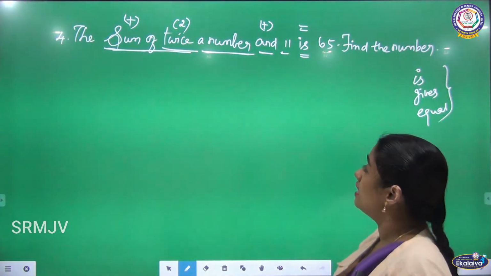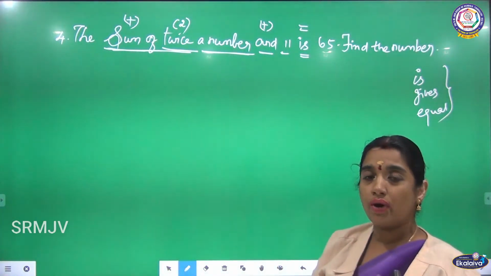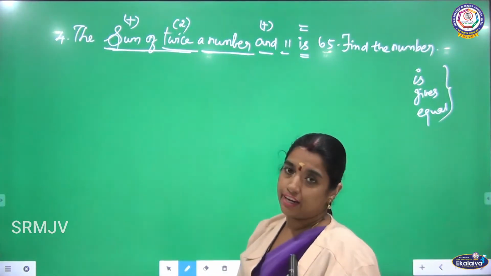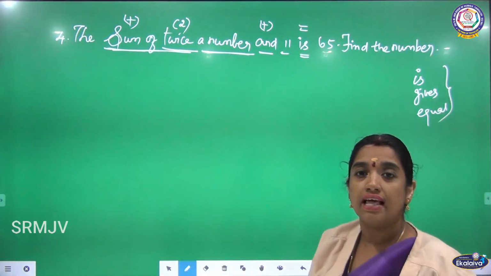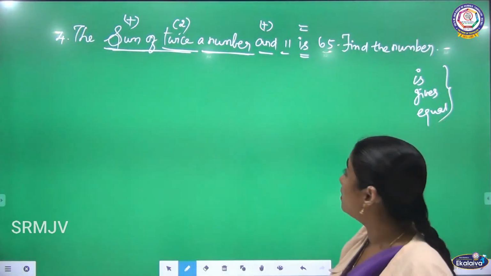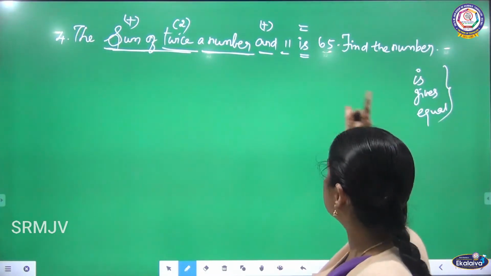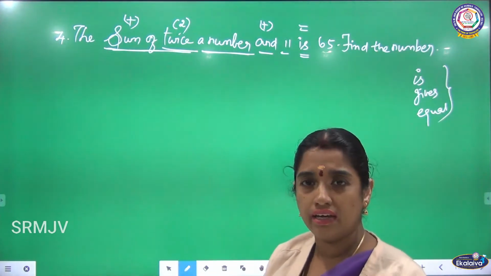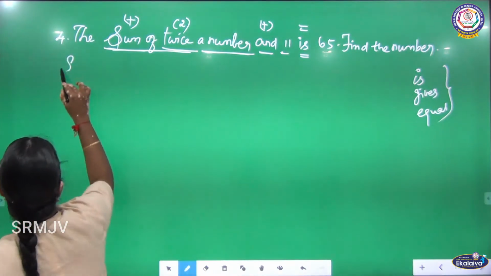Can you clear this? The sum of twice a number, I can take that twice a number to be what? 2x. Sum is there, so plus. And after that what number is it? 11 is there. So 2x plus 11. Is there, so for that equal and 65. So equal to 65. I am going to frame the equation.